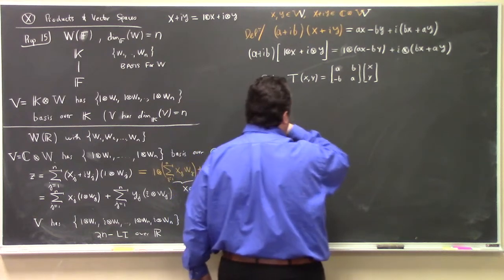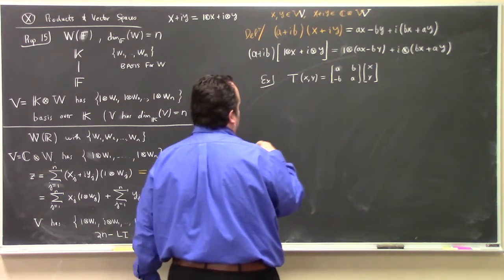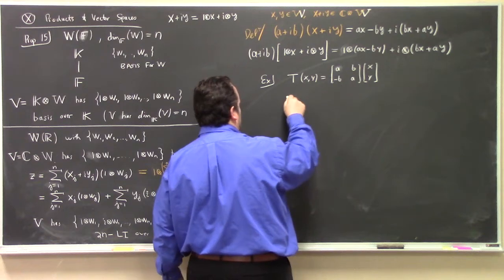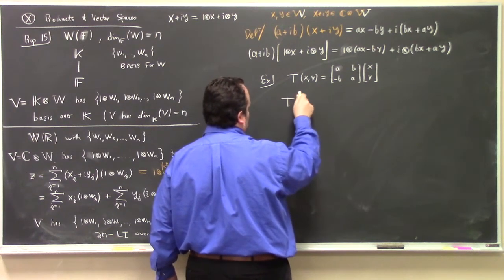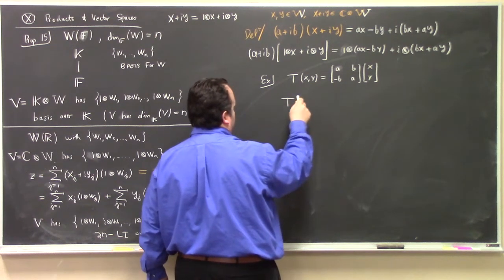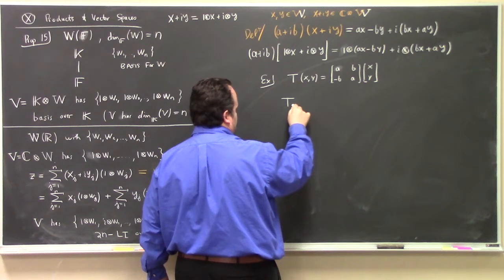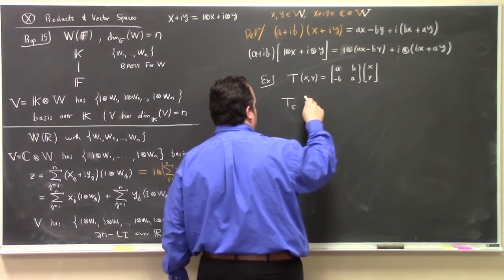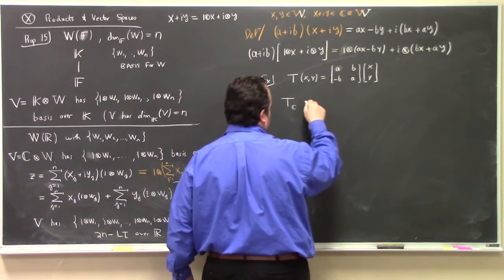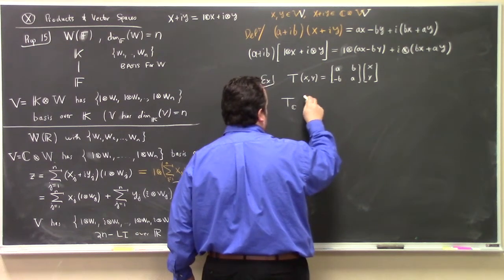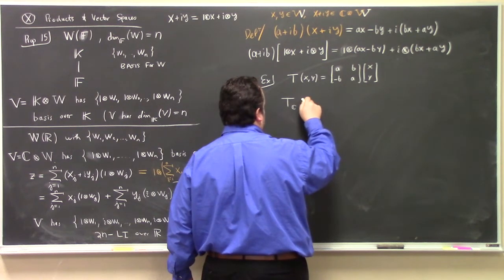Then we can define the complexification of T, which I usually write as T sub c, to be essentially the same thing.